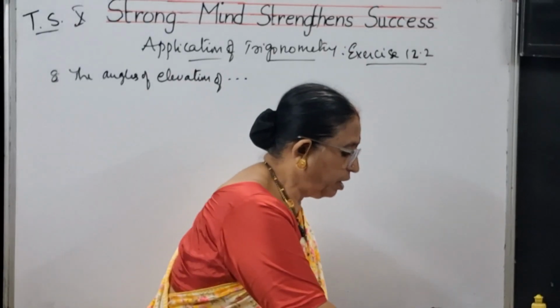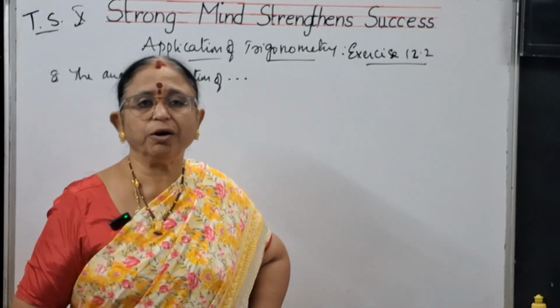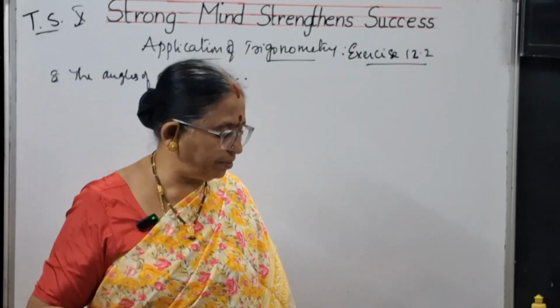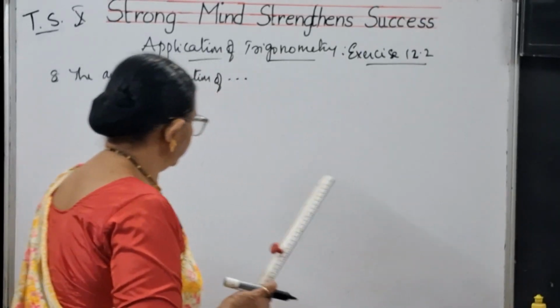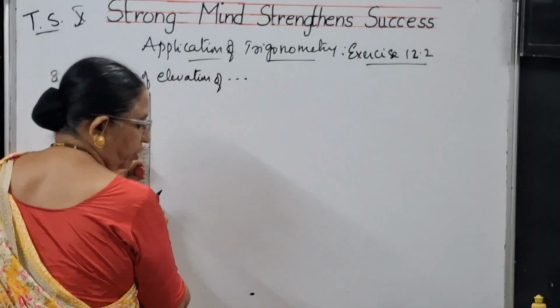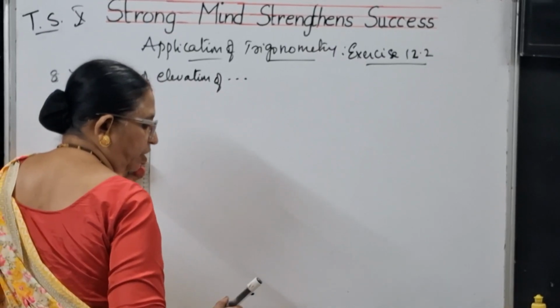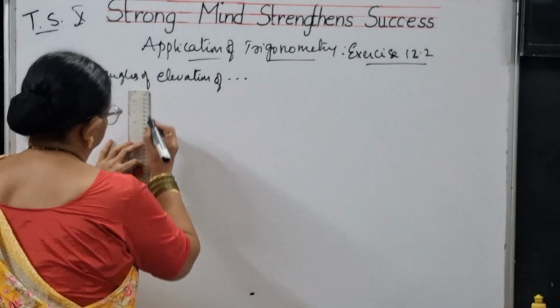The angles are complementary. What do you mean by complementary? Complementary means the sum of the two angles is 90 degrees. So, the angles of elevation of the top of a tower.